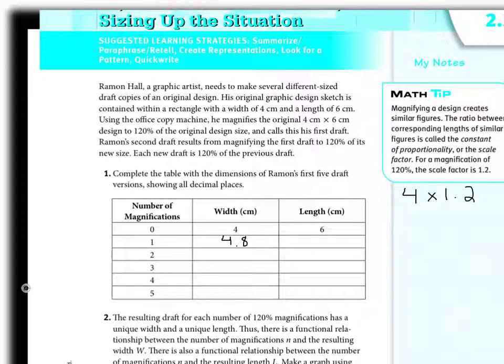And then if I took that and multiplied by 1.2, I'd get 5.76, and then 6.912. And hopefully you are following along with your own calculators. 8.2944.